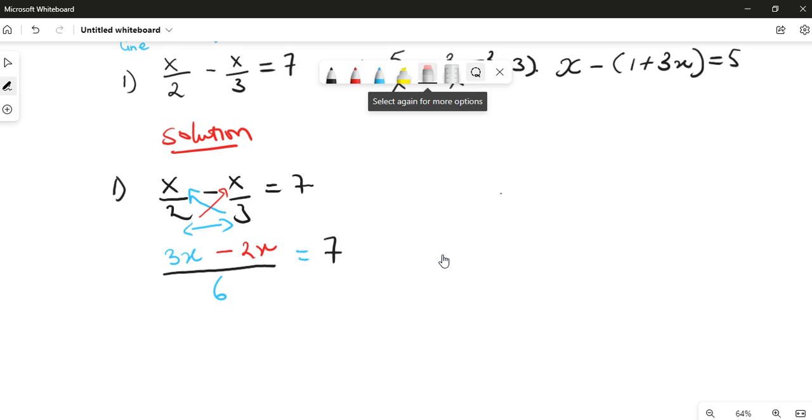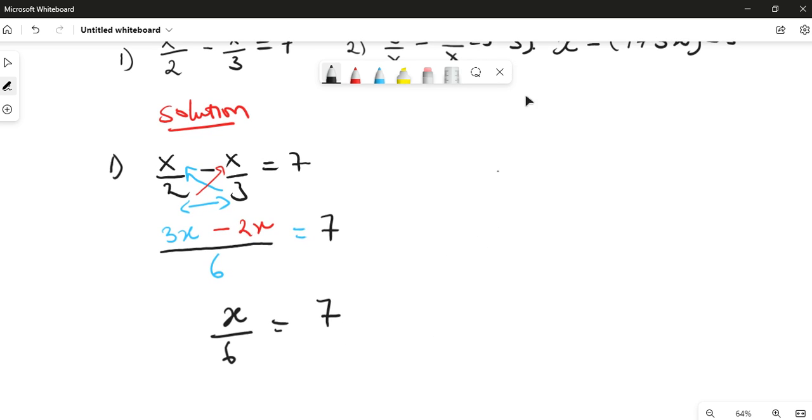3x minus 2x, we're going to get x over 6 equals 7. Then we are going to cross multiply.